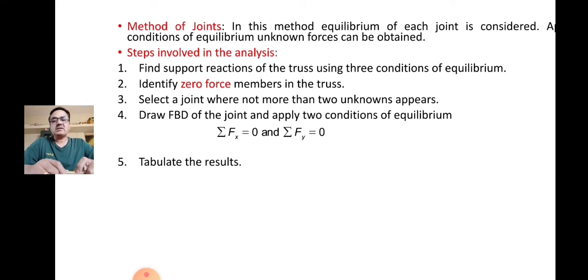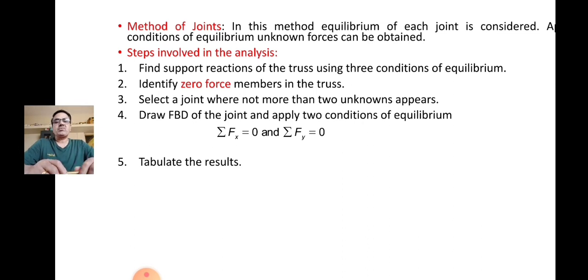Now we can discuss method of joints. This is a common method which is used for analysis of a truss. In this method, equilibrium of each joint is considered and conditions of equilibrium are applied to find the unknown forces.